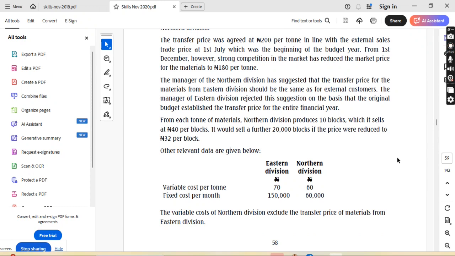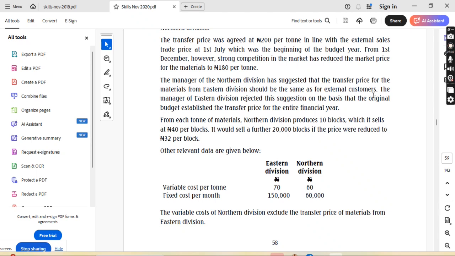Now, the manager of the northern division has suggested that the transfer price for the materials from eastern division should be the same as for the external customers.